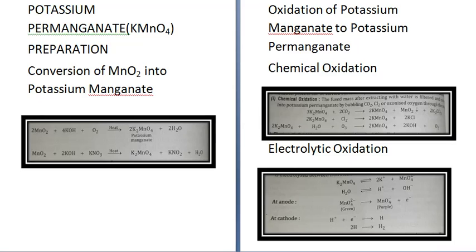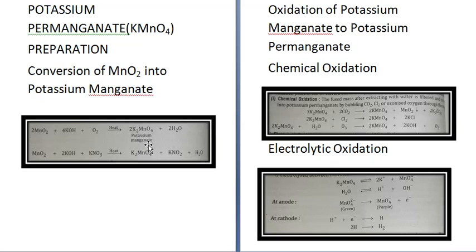So the reaction that takes place here is 2MnO2 plus 4KOH plus O2, on heating gives 2K2MnO4 plus 2H2O. Similarly, MnO2 plus 2KOH plus KNO3, on heating gives K2MnO4 plus KNO2 plus H2O. Any one of these reactions can be used for converting MnO2 into potassium manganate.